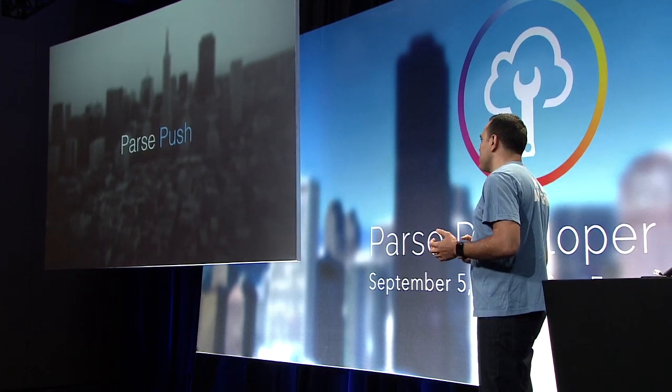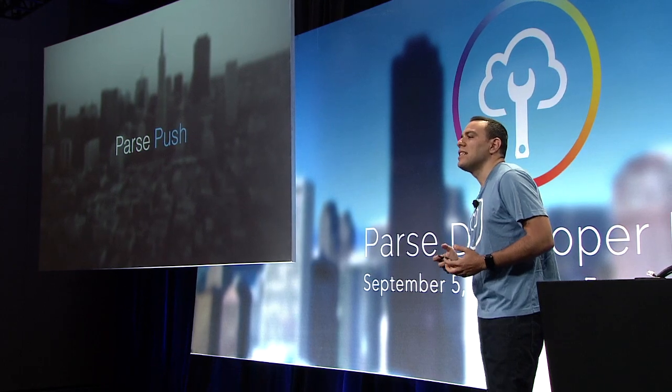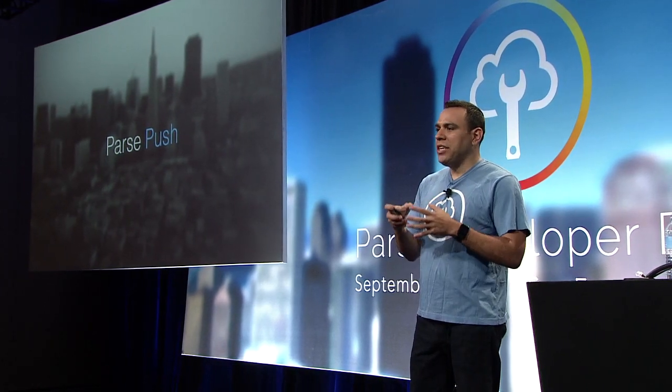So we've talked about keeping users engaged. How do you do this? You have to keep in mind that your app is going to be sharing a mobile device with many other applications. It's not going to be at the front of the device at all times.